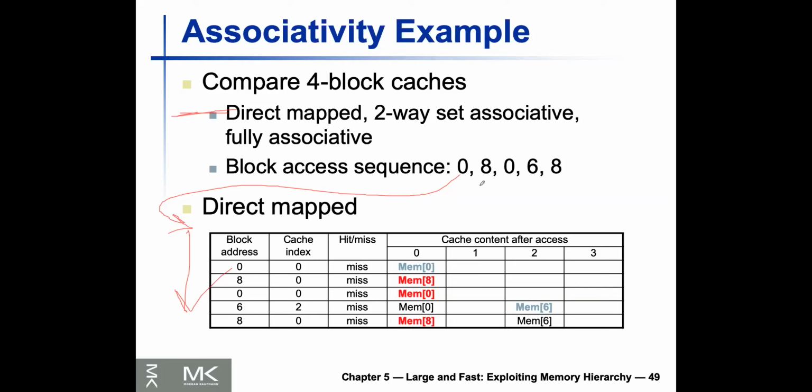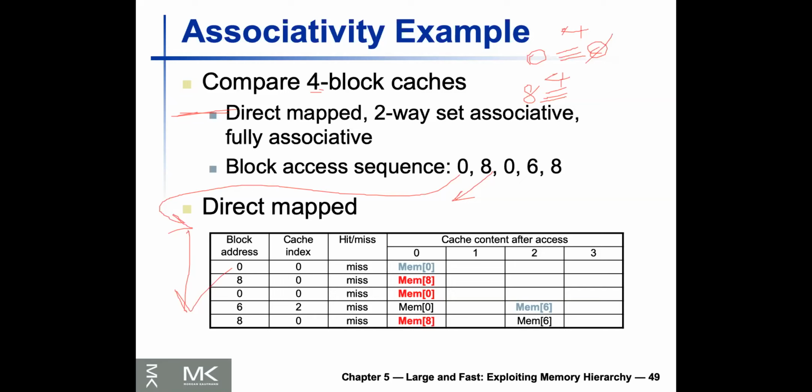For 8, you break it down, because here you understand that it's 0 mod 4. We have a 4-block cache. 0 mod 4 is 0, right? So we're going to go to cache index 0. For 8 mod 4, we're going to go to what?